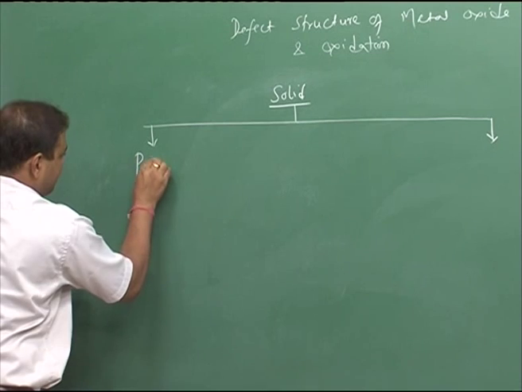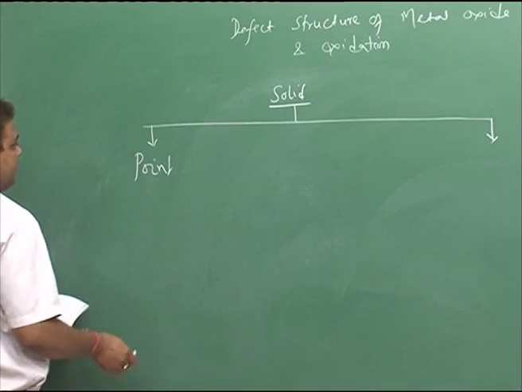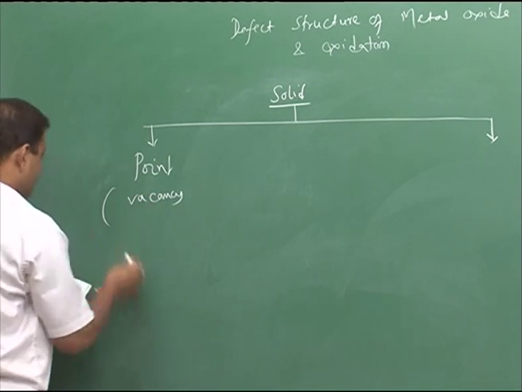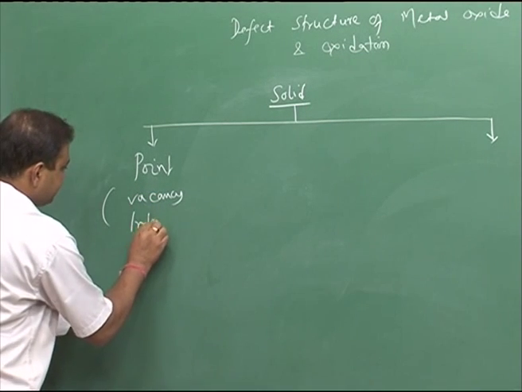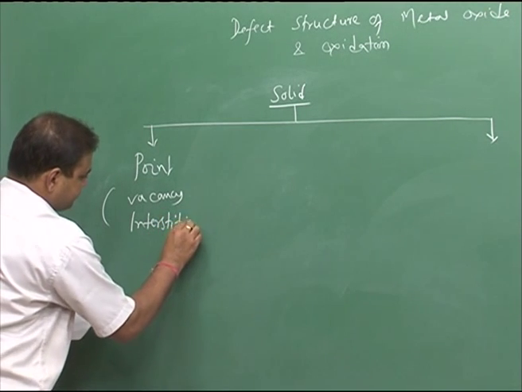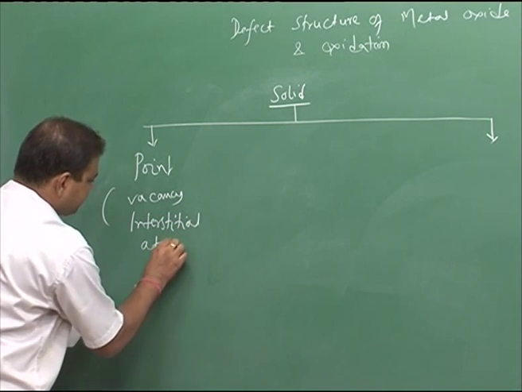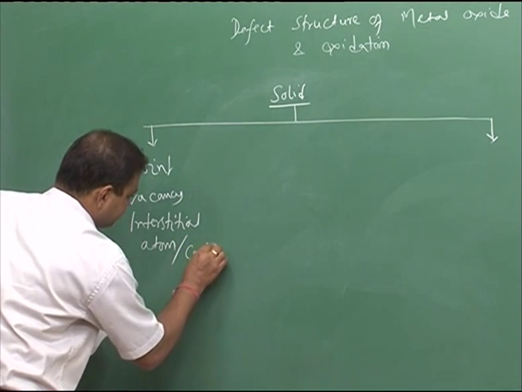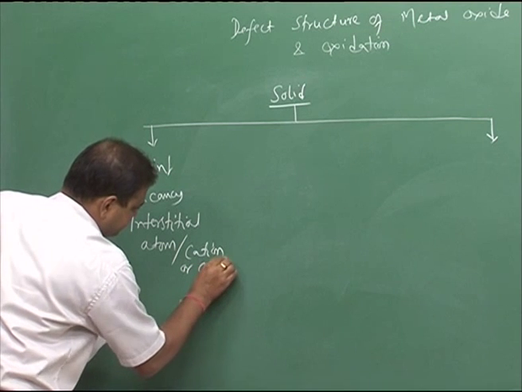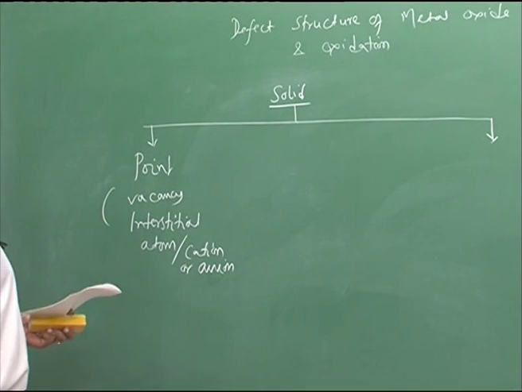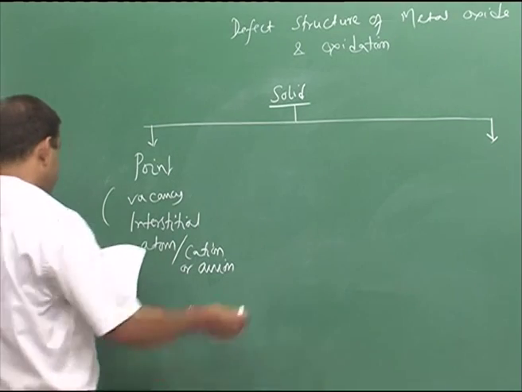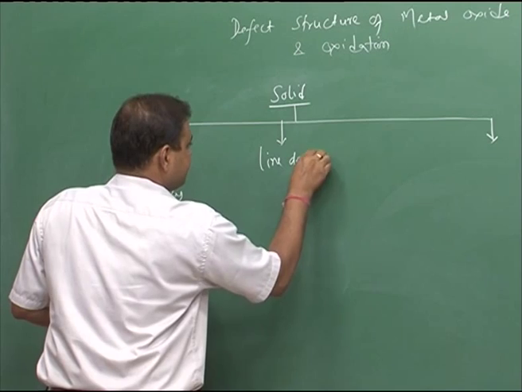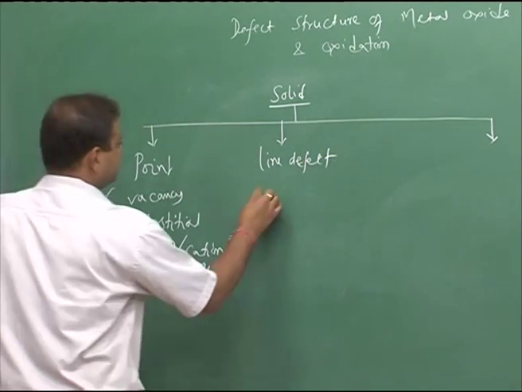One is point defect, and an example of point defect is vacancy or interstitial atom, or in the case of oxide it would be cation or anion. Then we have line defect. One example of line defect is dislocation.